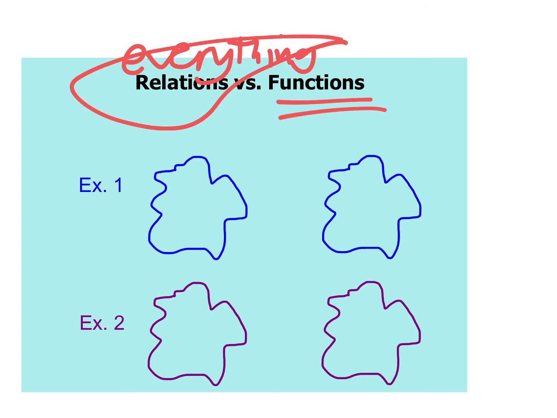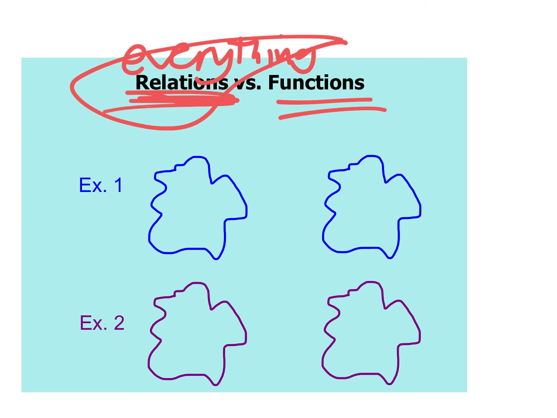They are two things. That's a relation. That doesn't mean there's any correlation between those two things, and it isn't necessarily a function. But if you have any pairing of two things, that's a relation.